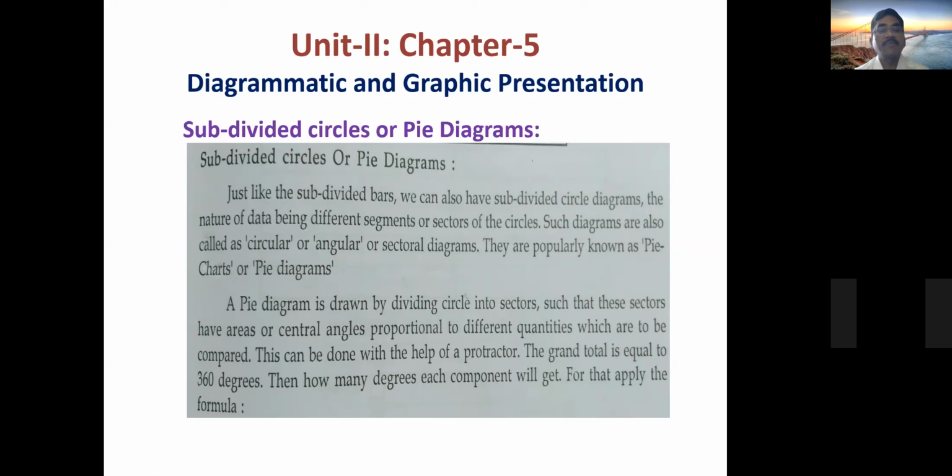So such diagrams are called circular, or angular, or sectoral diagrams, because, as I mentioned just now, in one circle, different sections can be provided on the basis of the characteristics of the data.